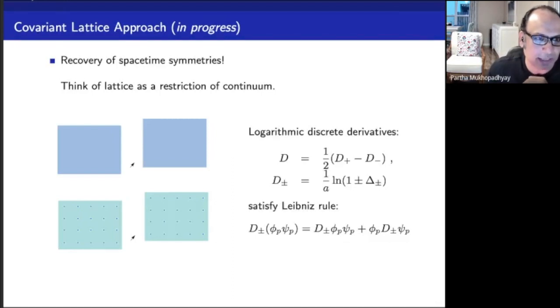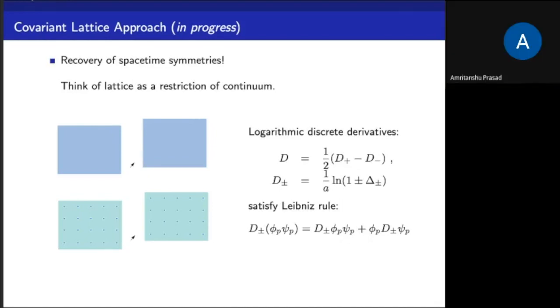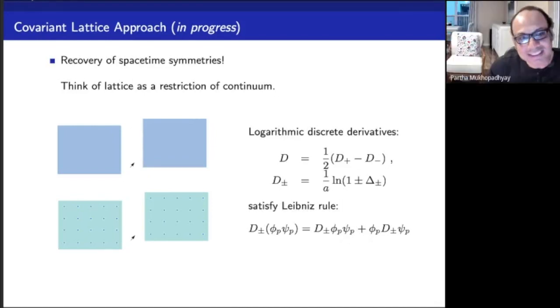You just invert this relation. Then the ordinary derivative is the logarithm of 1 plus delta. This is referred to as the operator method in difference calculus. But it is not used in a crucial manner because the understanding is that this is the ordinary derivative and that this is the relation between the ordinary derivative and difference operators.